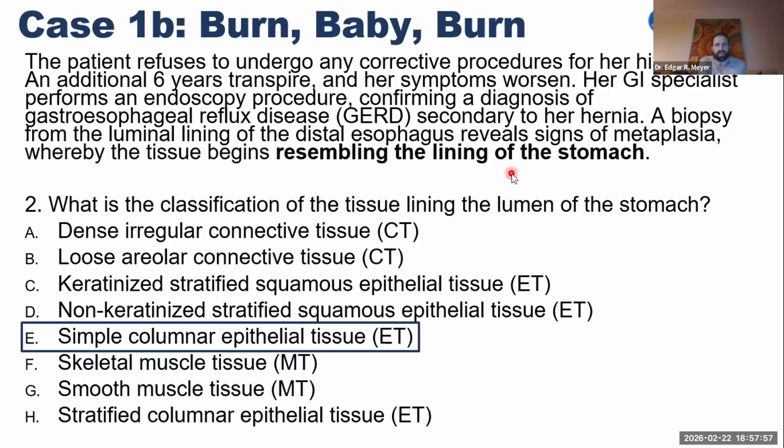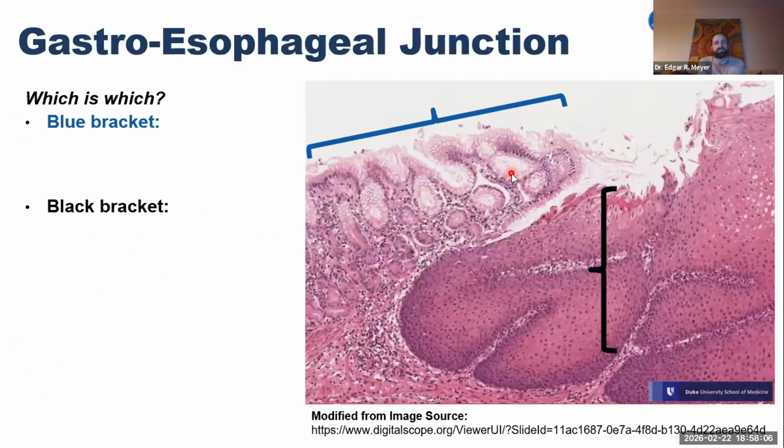So if we look at a region where we see stomach tissue and esophageal tissue side by side, we're going to look specifically at our gastroesophageal junction, also known as the cardioesophageal junction.